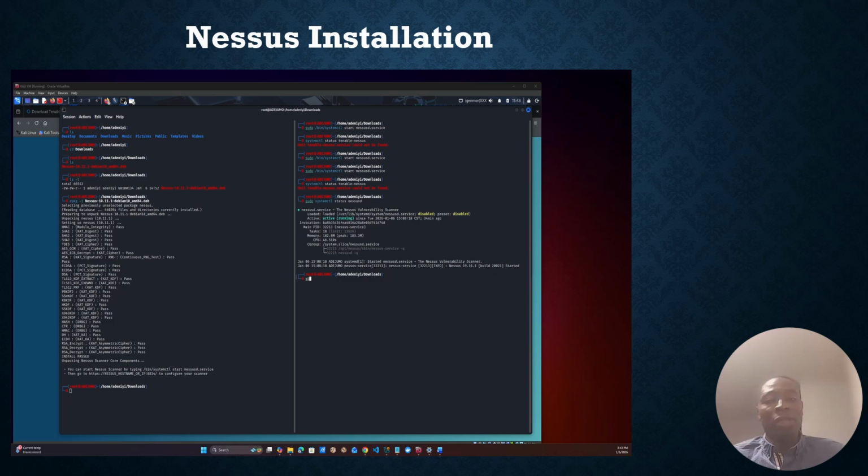After resolving an initial syntax error, I successfully activated the Nessus daemon using systemctl start nessusd.service. The service status confirmed that Nessus is running and ready for vulnerability scanning. This setup lays the foundation for identifying system level and application layer vulnerabilities across the Kioptrix 2 target.